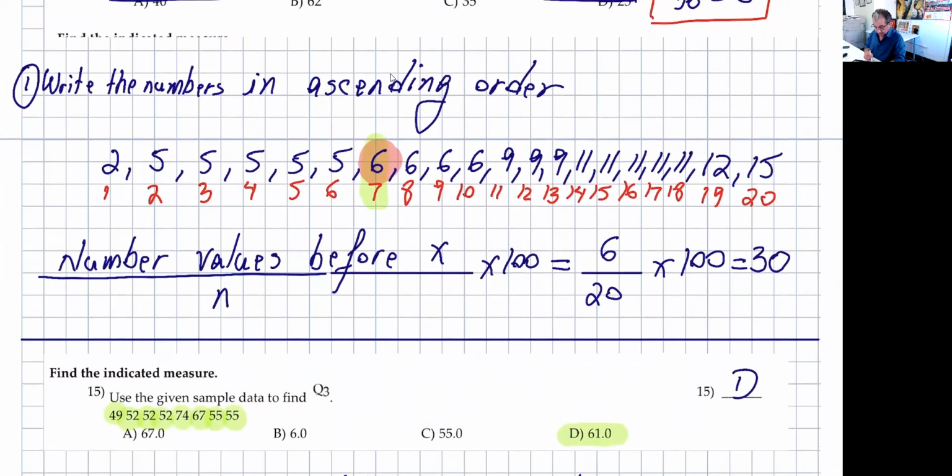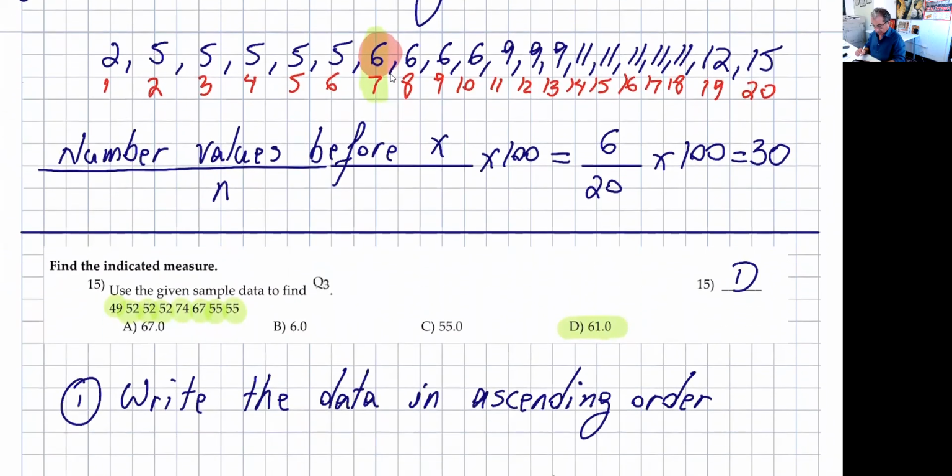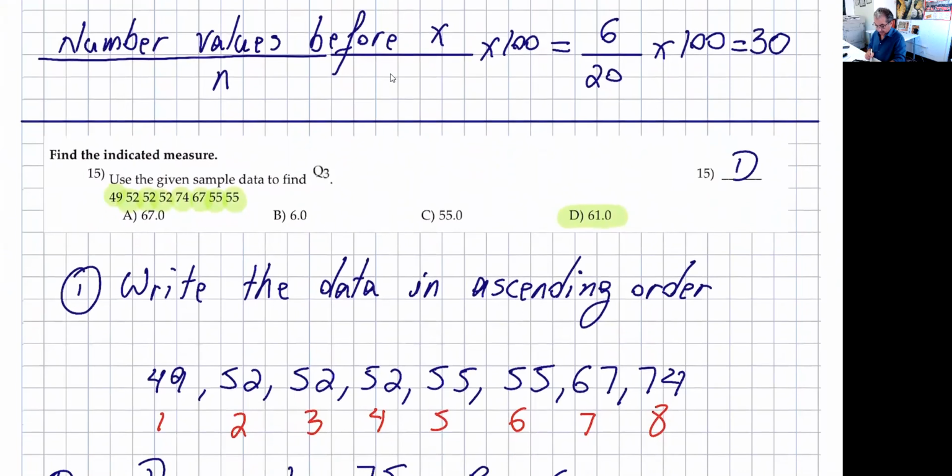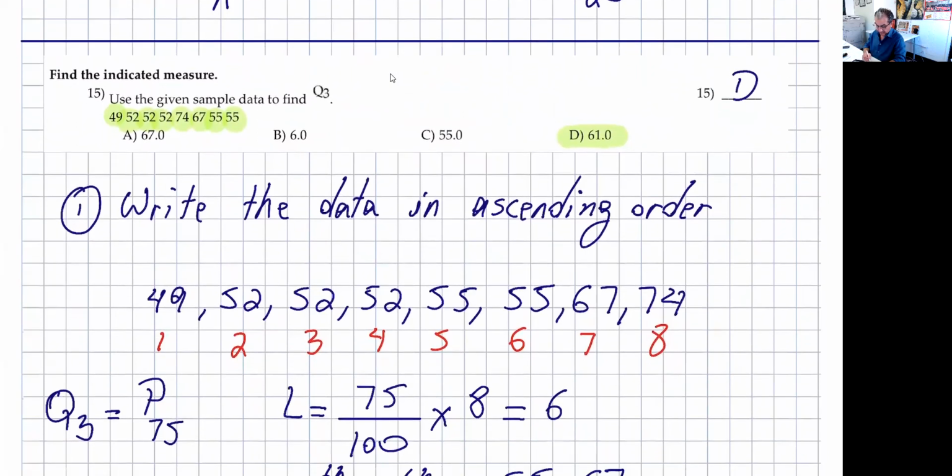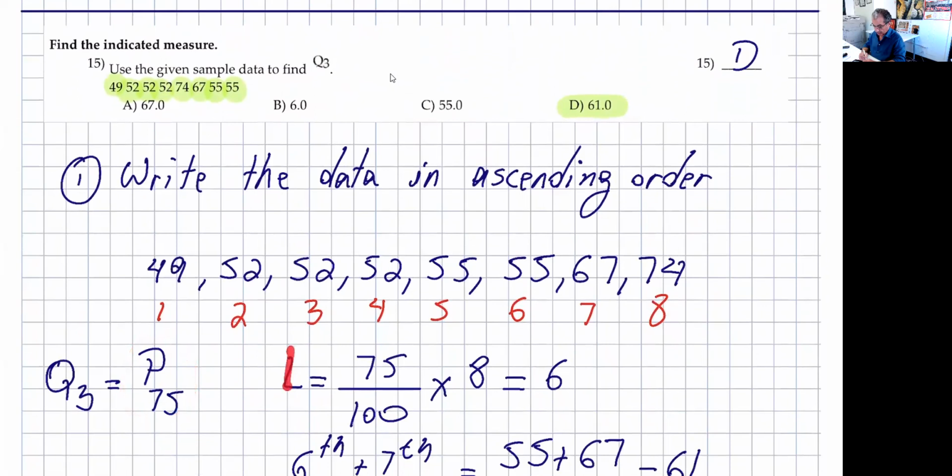Number 15, use the given sample data to find Q3. Don't forget, always write the data in ascending order. So that's what I did. Put the numbers below. Then Q3 is the same thing as P75. So the location is 75 divided by 100, the percentage, times n.